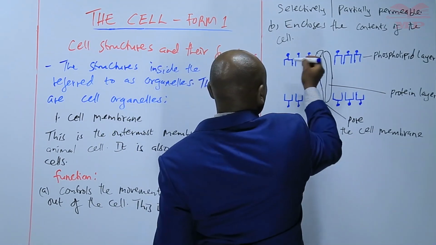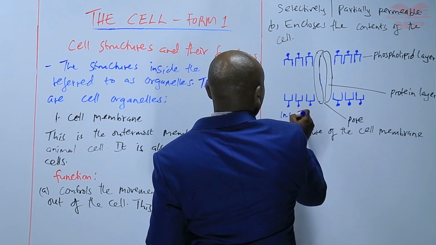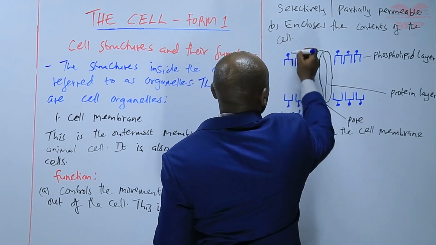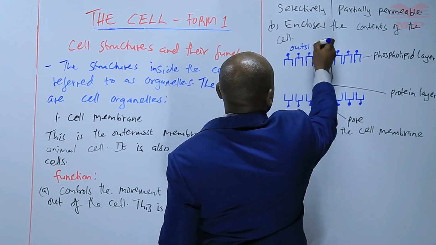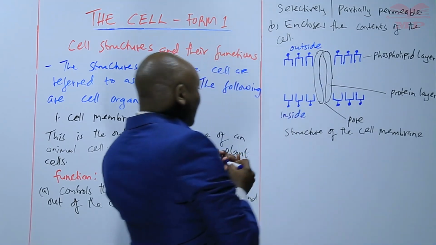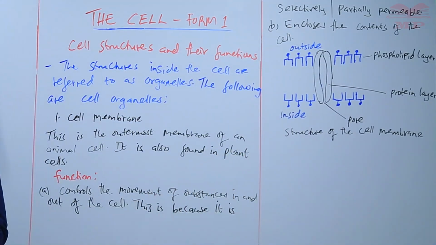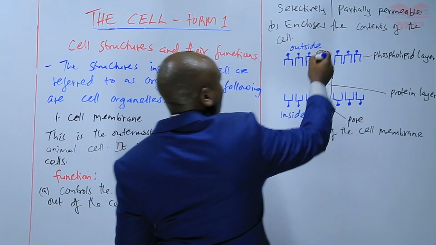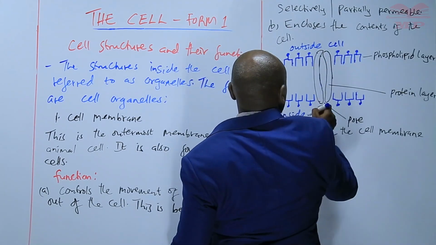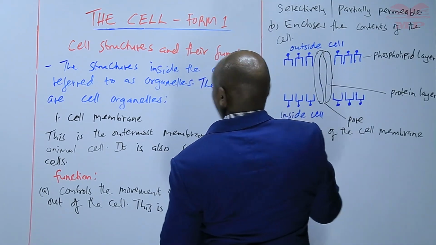So this is the inside and this is the outside. So that is as far as the cell membrane is concerned. So you have the outside of the cell, and the inside of the cell.